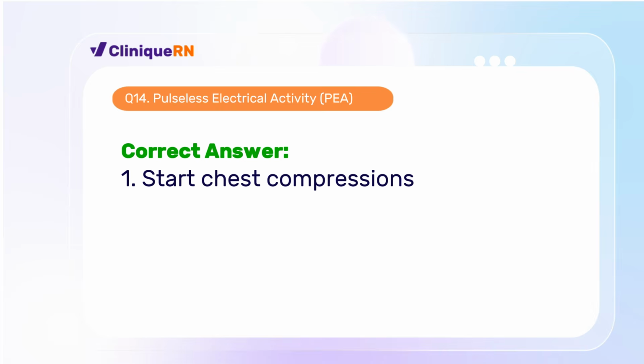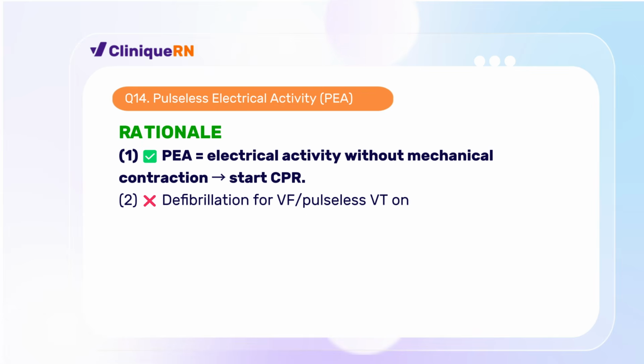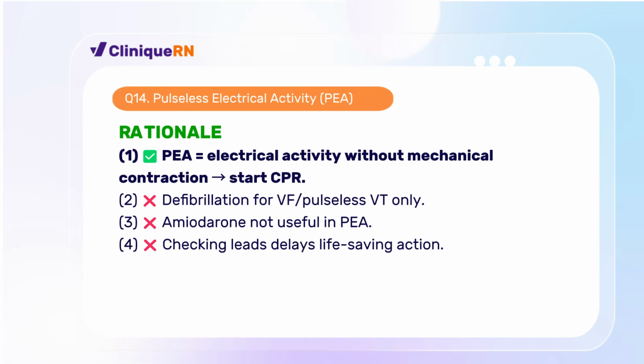The correct answer is 1. Start chest compressions. Rationale. 1. Pulseless electrical activity, PEA, occurs when there is electrical activity on the monitor but no mechanical heart contraction, meaning there is no pulse. In this situation, cardiopulmonary resuscitation, CPR, should be started immediately. 2.